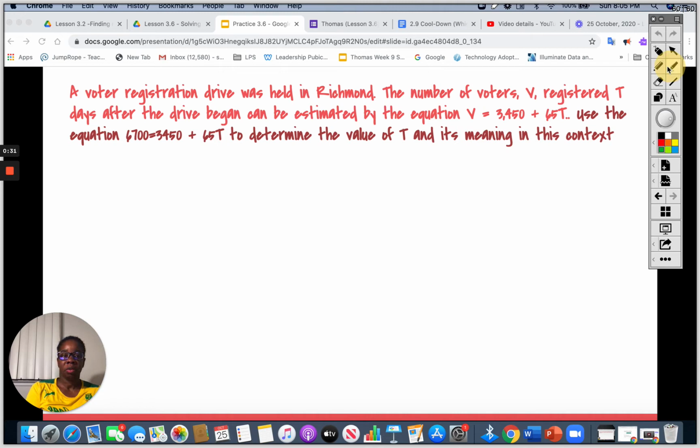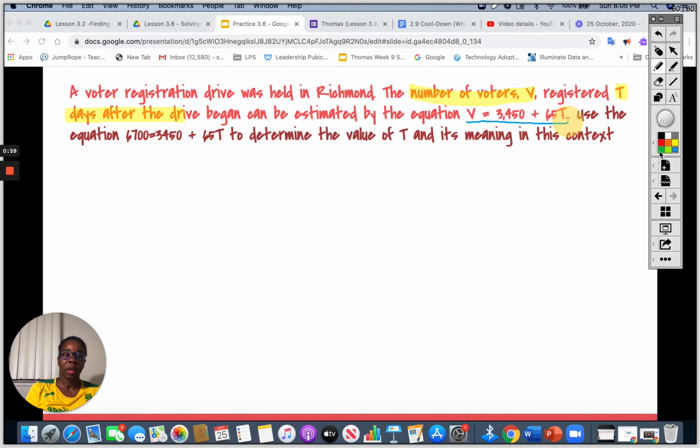So as usual, let's go ahead and annotate, just pay attention to some important information. The number of voters is given by V. T is the days after the drive began. And then we have this equation, V = 3,450 + 65T.